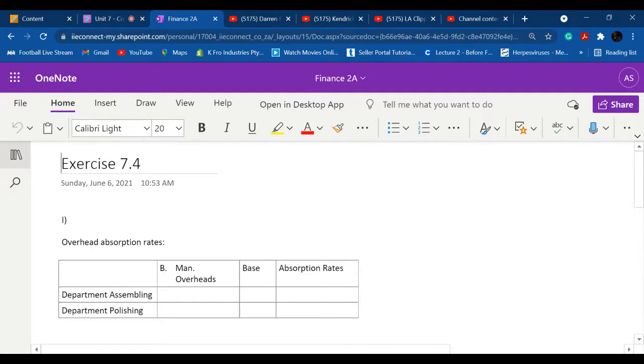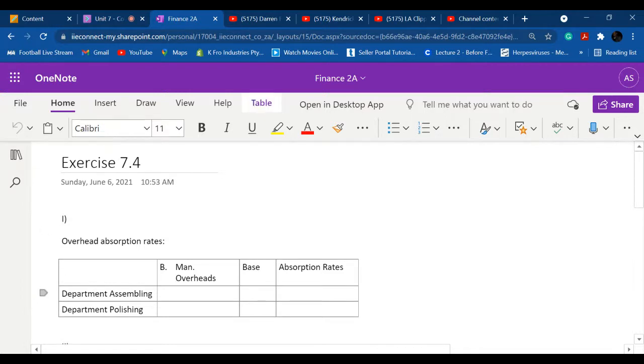Okay, but before we can delve into the actual cost of the job, what we need to do is to find out the overhead absorption rate. That's the first thing we need to do before we can begin to work out what the cost of the job is. And that's why I've built that little table over there. And I need you guys to help me with this.